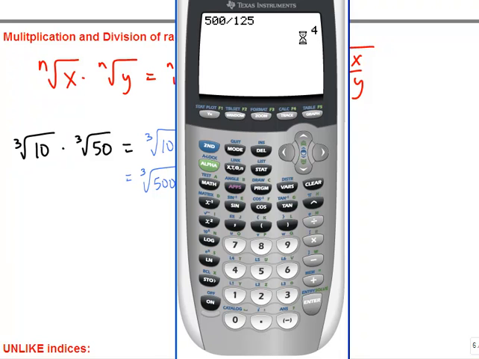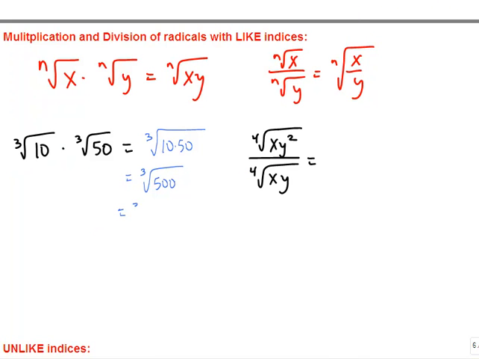So that means we could break this up into the cube root of 125 times the cube root of 4, since 125 times 4 is that 500, and this reduces to 5. And the cube root of 4 stays put. So here's my reduced answer. Okay, so remember to always double check your numbers under your radicals to see if there are any perfect squares or perfect cubes that could be pulled out, and this one there was.